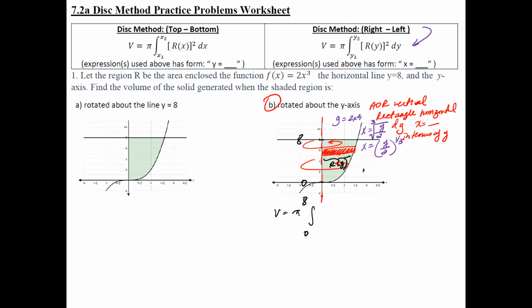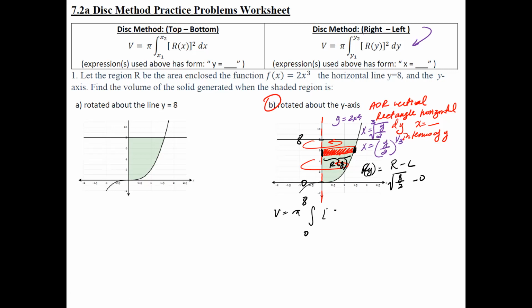And in order to find the r of y, it is going to be the right minus the left. Now, the right part of this is going to be cube root y over 2 minus the left side right here, in which case it is just going to be the axis of 0, so minus 0. And now that I have r of y, I can plug it into this formula.